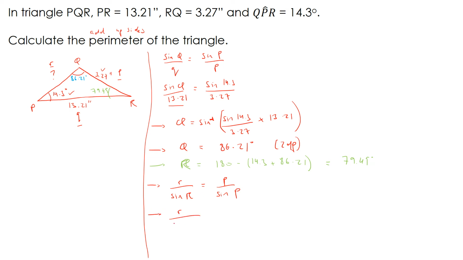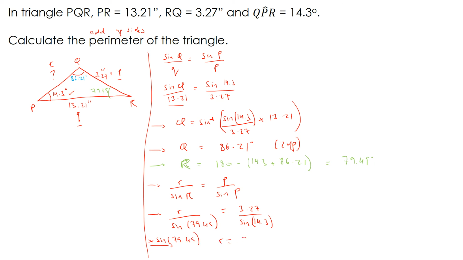So R over sine 79.49. So I should have put brackets there, sorry. Okay, and then P is 3.27 over sine 14.3. And from a previous lesson, just multiply by sine 79.49.